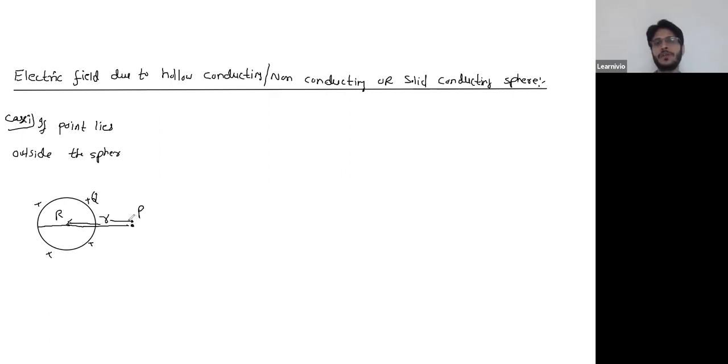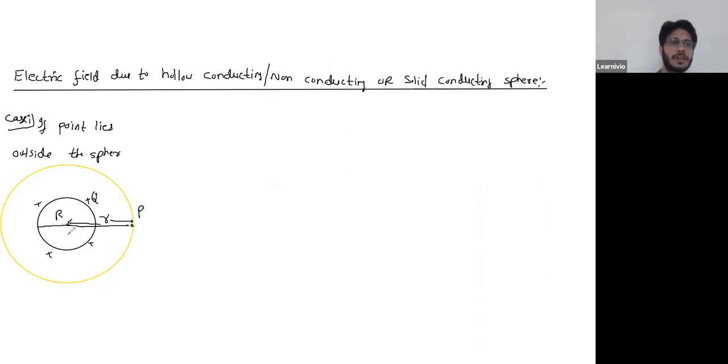So to calculate field at this point P, the first step is to choose an appropriate Gaussian surface. You can easily guess that if your charge distribution is spherical, then your Gaussian surface should be a sphere. So I consider a sphere of radius small r.